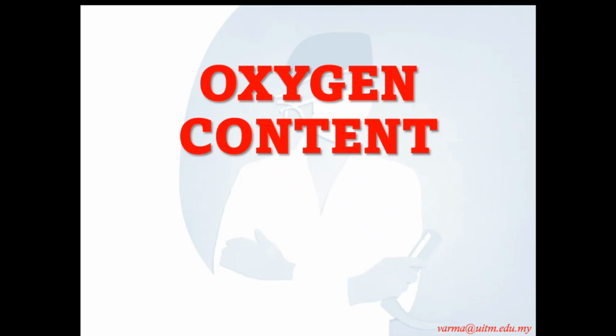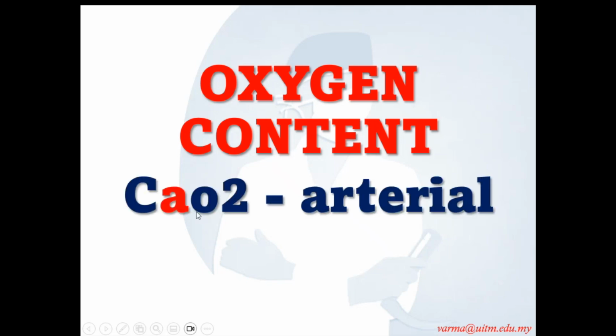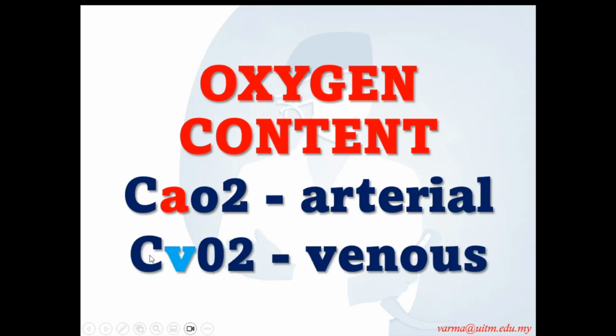First, we're going to talk about oxygen content. Oxygen content can be in your arterial system, which we call CaO2, the content of arterial oxygen, or in the venous system, the venous oxygen content.